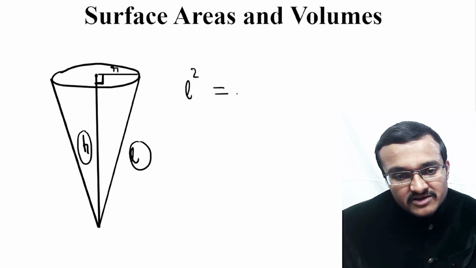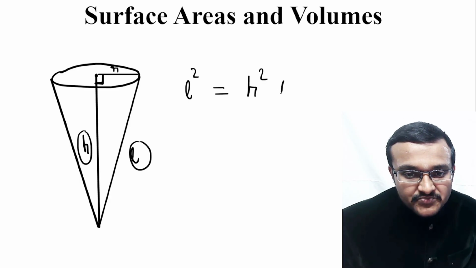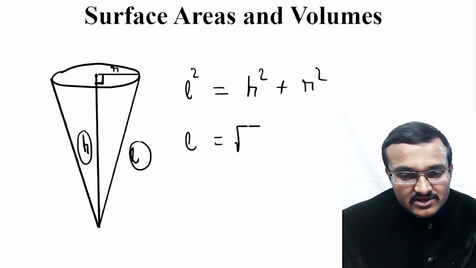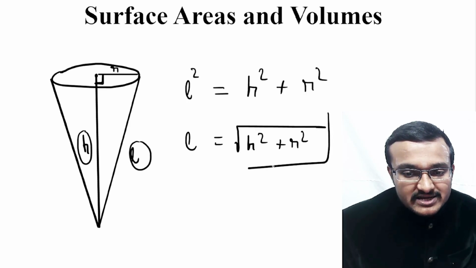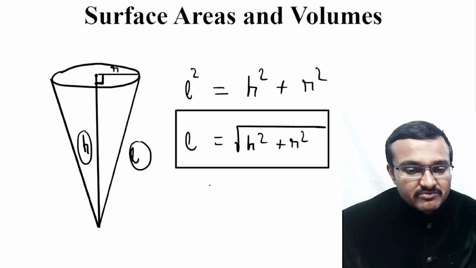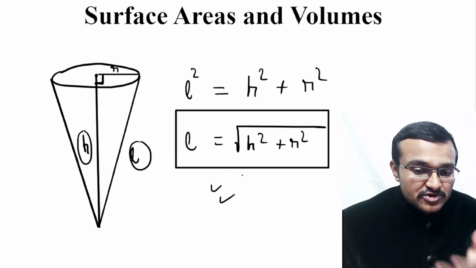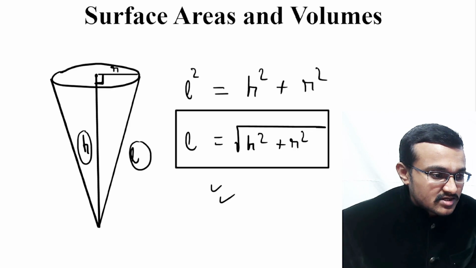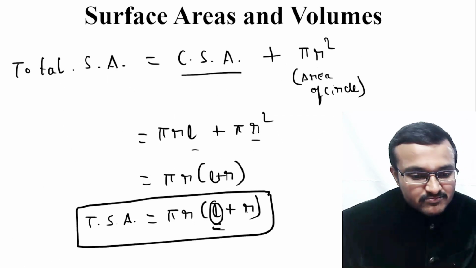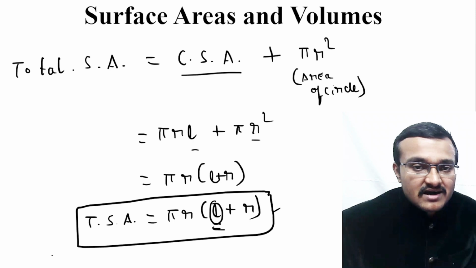Hypotenuse square will be equal to h square plus r square. If you want to find l, you take the square root of h square plus r square. This also you have to remember: l is the square root of h square plus r square. Curved surface area is pi rl and total surface area is pi r into l plus r.